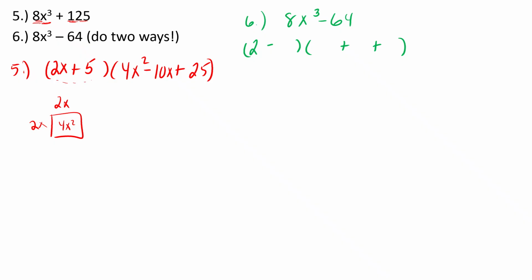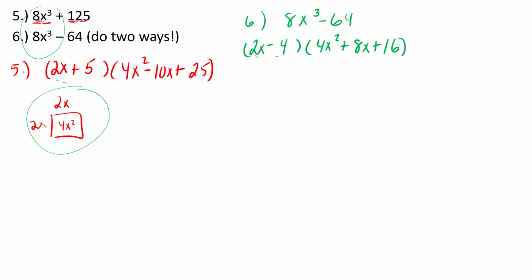That's 2. And what to the third power gives me x cubed? That's x, same as what we had over there. And then what to the third power gives me 64? That is 4. And then we're going to square it. So that's the 4x squared, did that right there. And then we're going to square the other one. 4 squared is 16. And now we're going to smush it together. 2x times 4 is 8x.